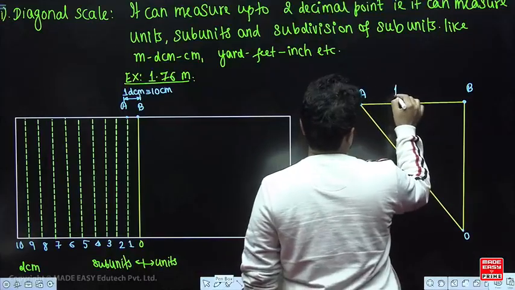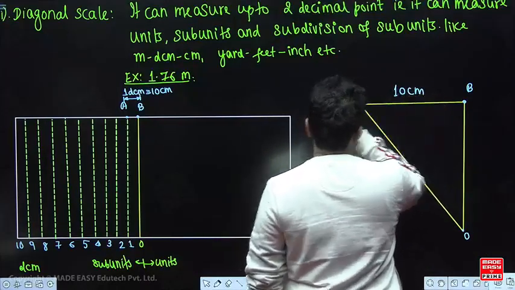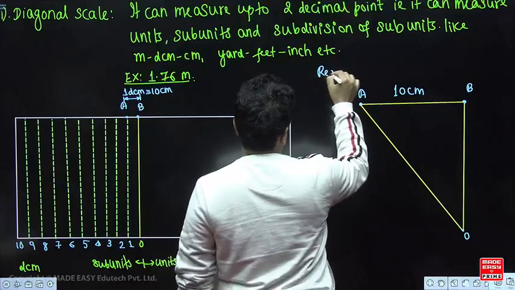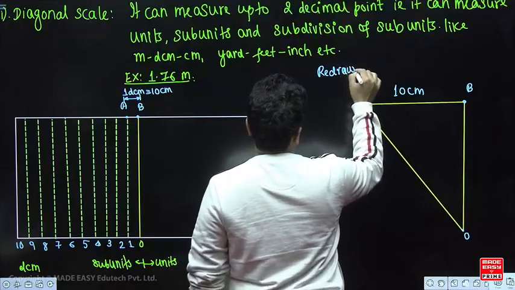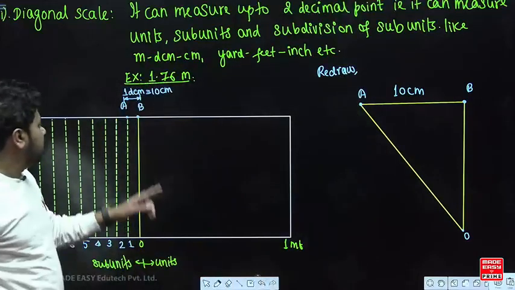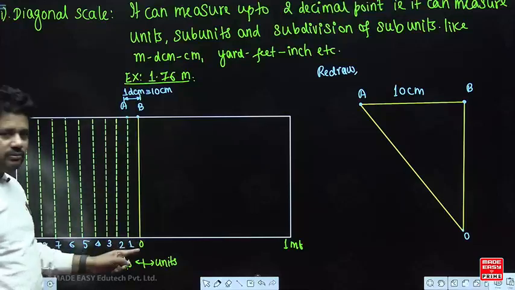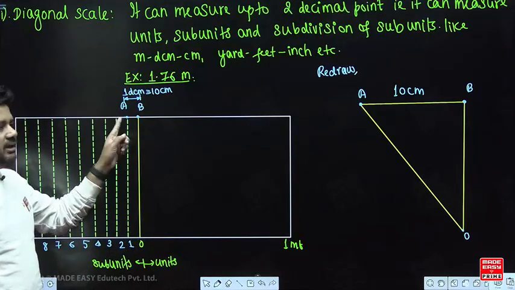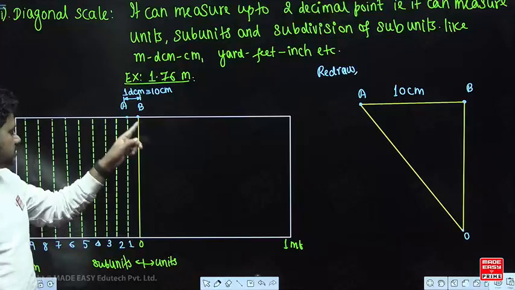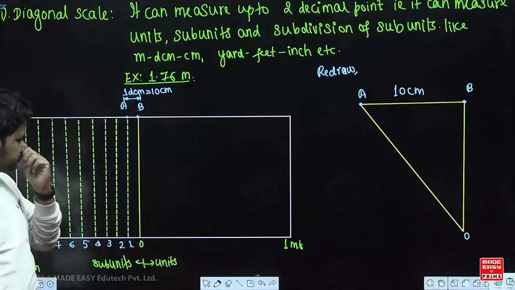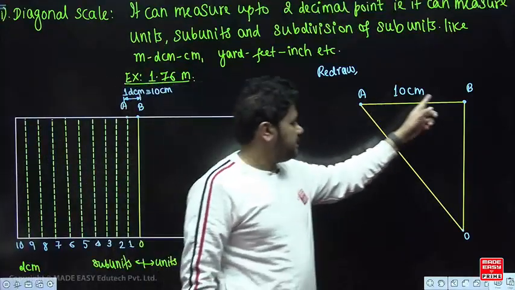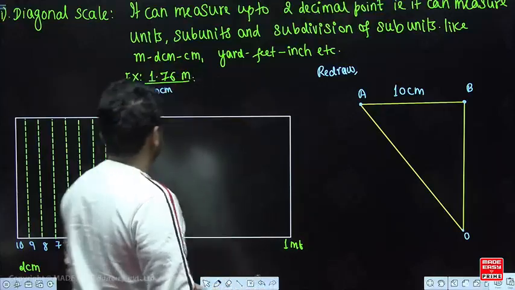So this distance is how much? It is 10 centimeter. That means I have redrawn A, B and O, correct? So A, B, O has been drawn, right? You can see that this is A, this is B and this is your O, fine.